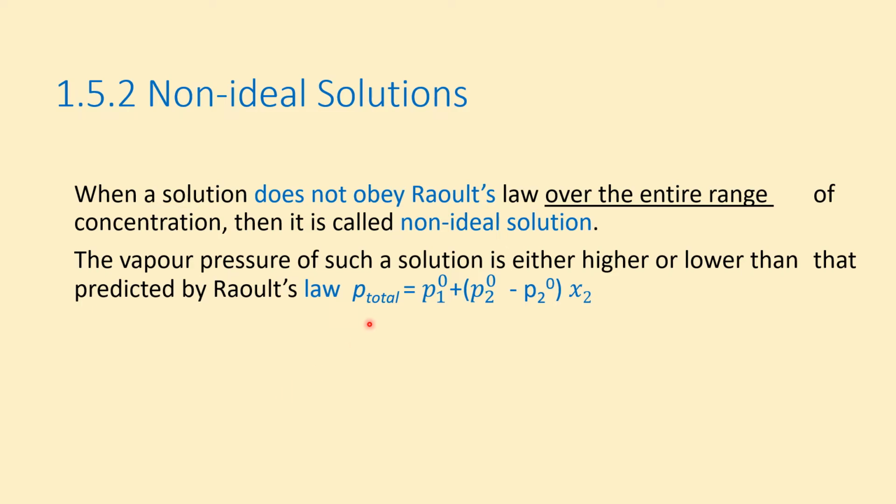Writing mathematically, we can write Raoult's law as P total is equal to P1 naught plus (P2 naught minus P1 naught) into X2. Here P1 naught is the vapor pressure of component 1 in the pure state, P2 naught is the vapor pressure of component 2 in the pure state, and X2 is the mole fraction.